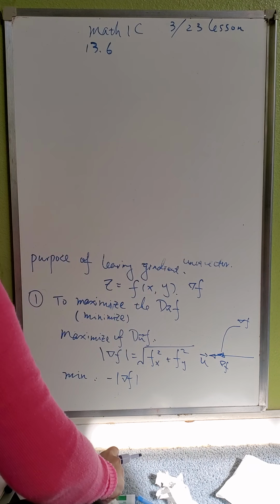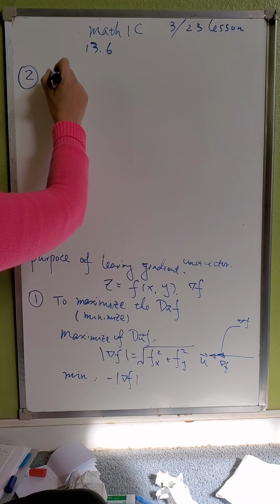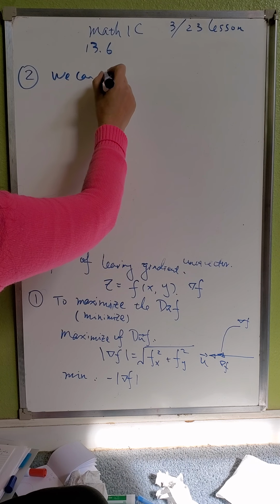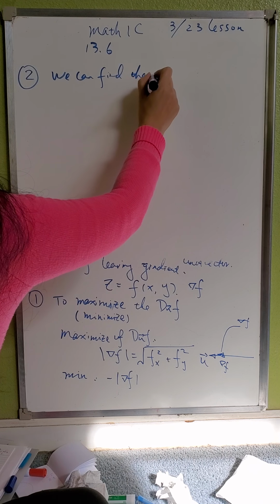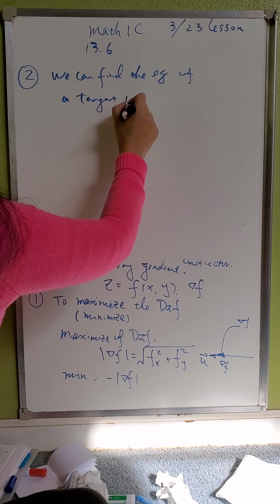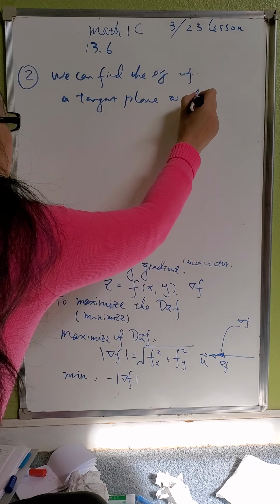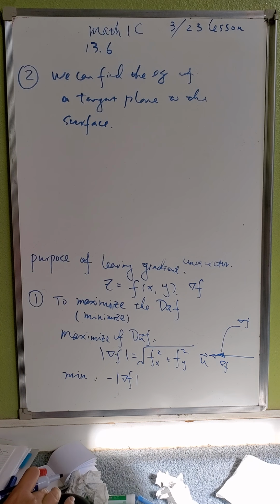Number two, we can find the equation of a tangent plane to the surface. Usually when we have to find the equation of a plane, we need to find the cross product, then we find the normal vector that's perpendicular to the plane, right? But if you're given a surface, it's very hard for us to find two vectors to cross.